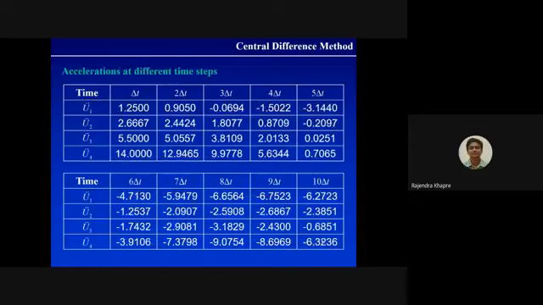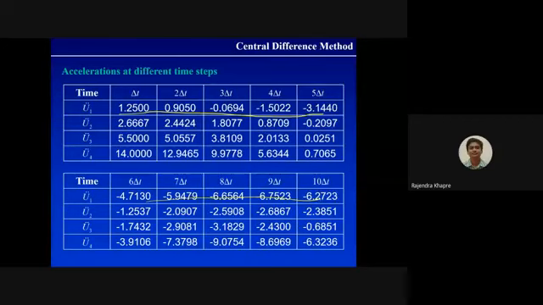Similarly, we can have the acceleration also. So acceleration with time has increased, then it has reduced, and it is still reducing. Depending on the type of problem, this is going to happen. So this is how we have to solve a problem using the central difference method.